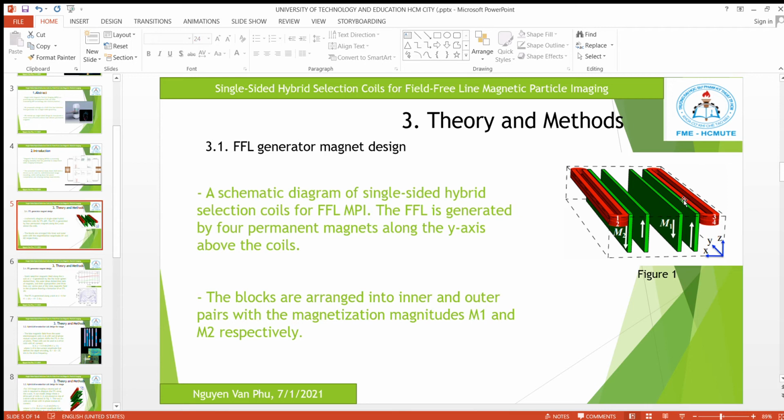The FFL is generated by 4 permanent magnets along the y-axis above the coils. The blocks are arranged into inner and outer pairs with the magnetization magnitudes M1 and M2 respectively.